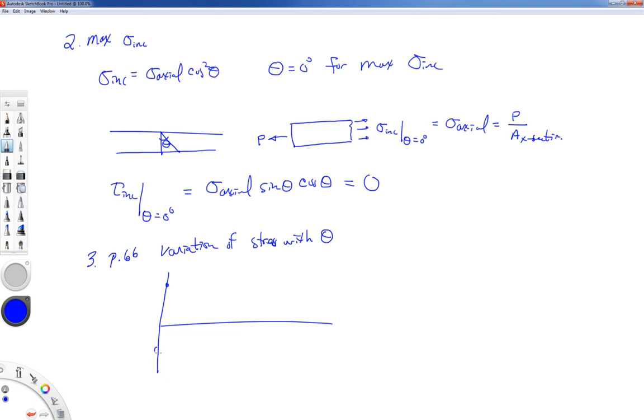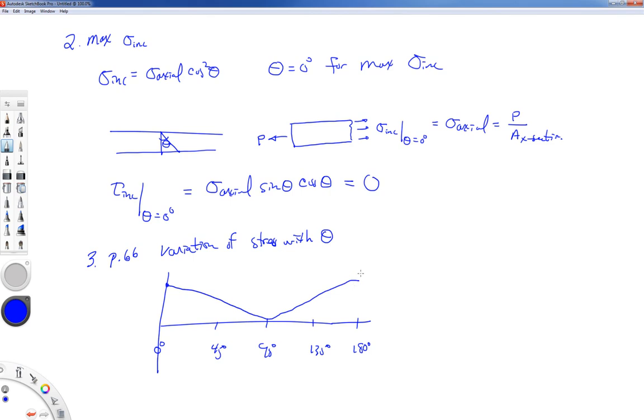If this is 0 degrees and let's say 45, 90, 135, and 180, the normal stress starts out as a maximum at 0 degrees, becomes 0 at 90 degrees, and it comes back up here to 180.